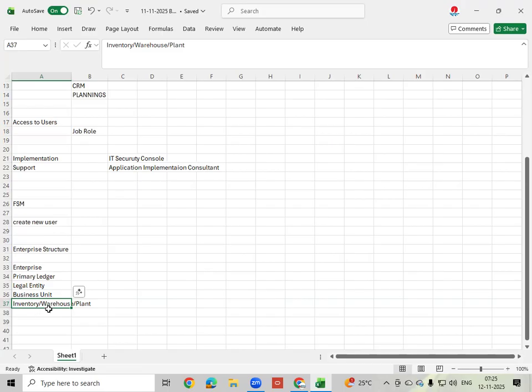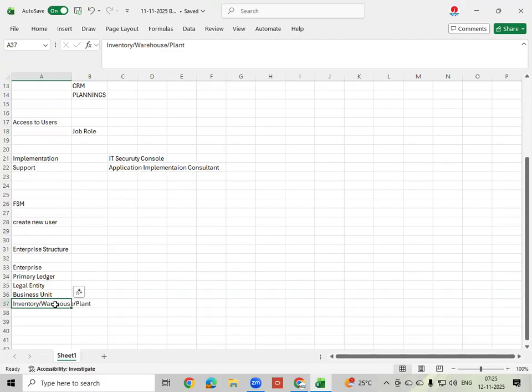So inventory, warehouse, both are same, right? Where we maintain the stock for the raw material and finished goods. So that is what inventory and warehouse are. But plant is where we manufacture finished goods.